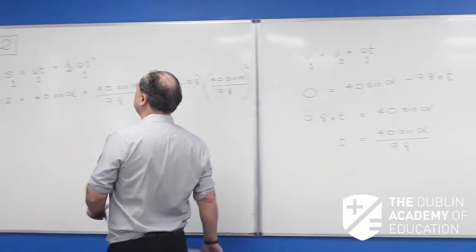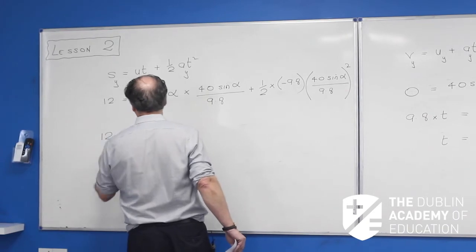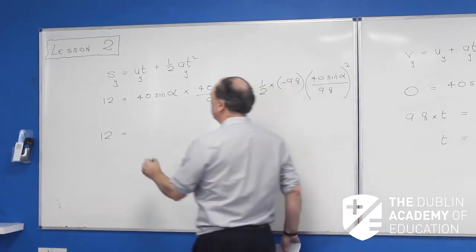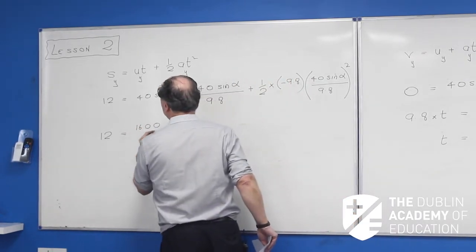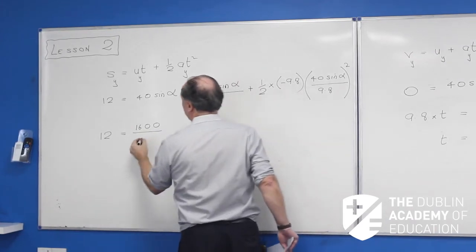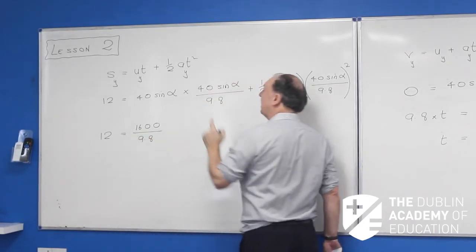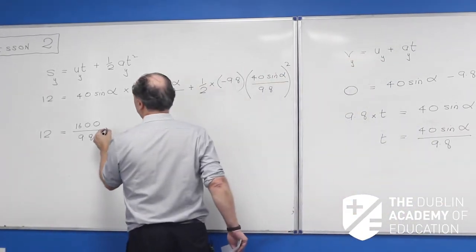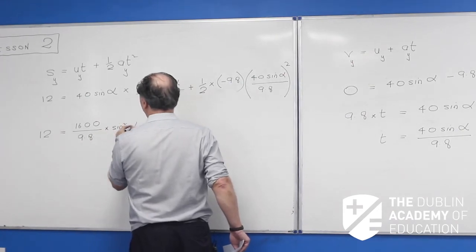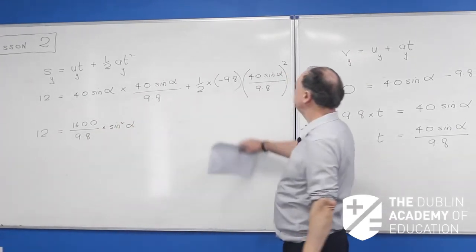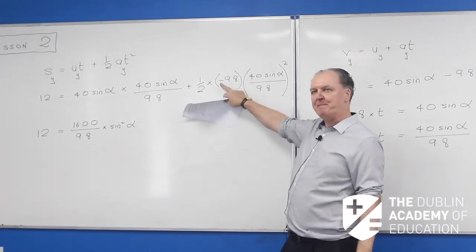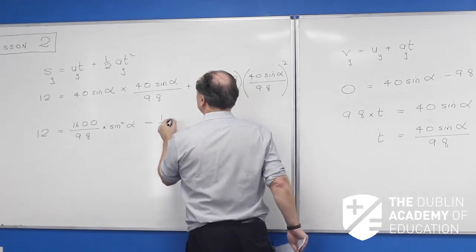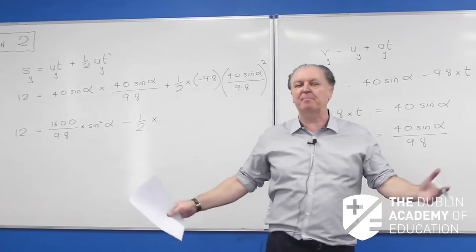So let's see how we'll do it. I've got 12 is equal to 40 by 40. Use your calculator or your head, 1600 divided by 9.8. And sine alpha by sine alpha, that's sine squared alpha. What about here? Well, the overall term will be minus a half. There's probably lots of ways you can solve this. I'm just picking a particular way to do it.